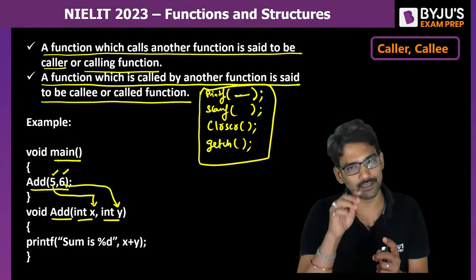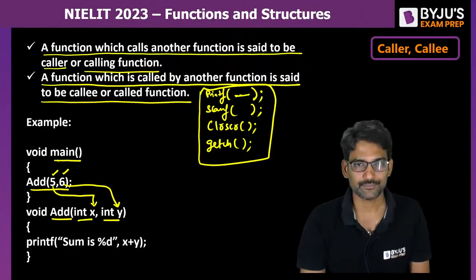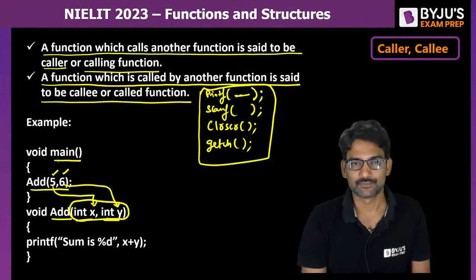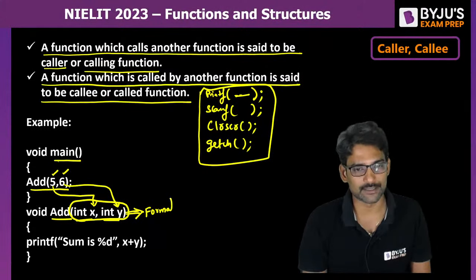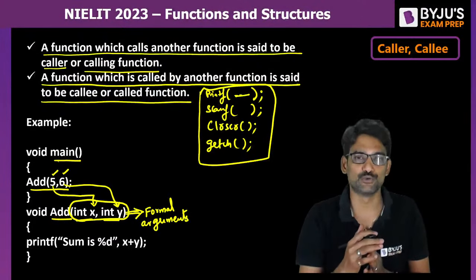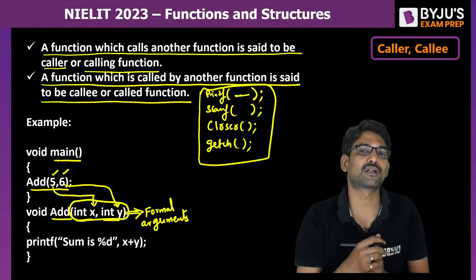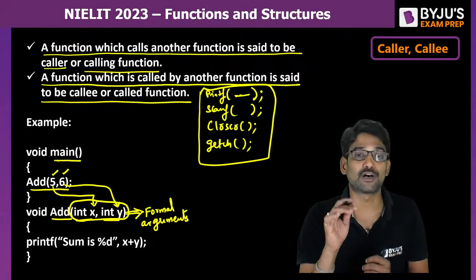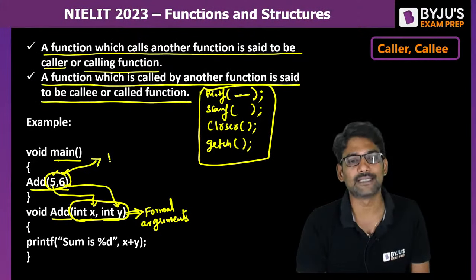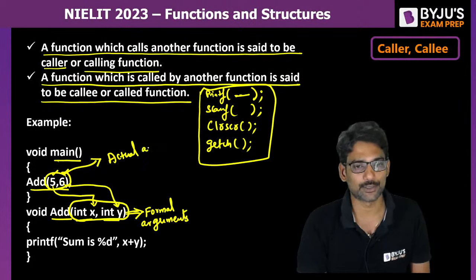In the same order values get copied. The arguments you use while defining the function are called formal arguments. So x, y are formal arguments, and the arguments passed while calling are called actual arguments.